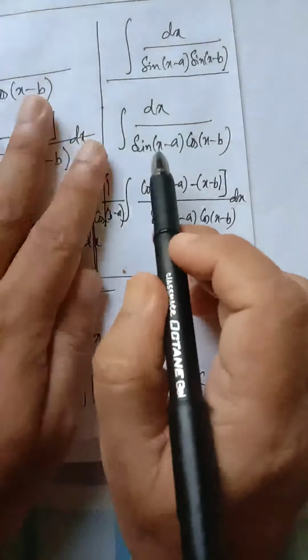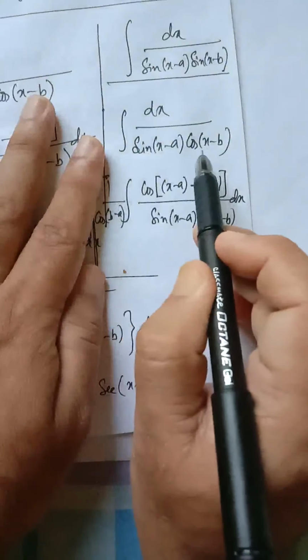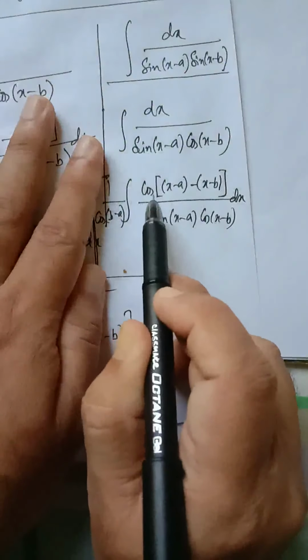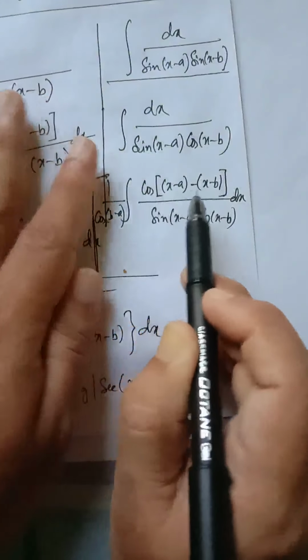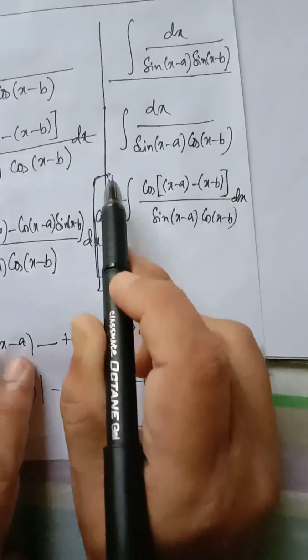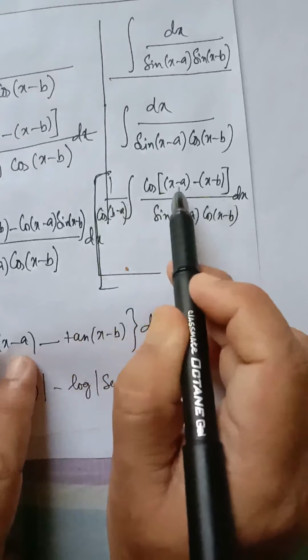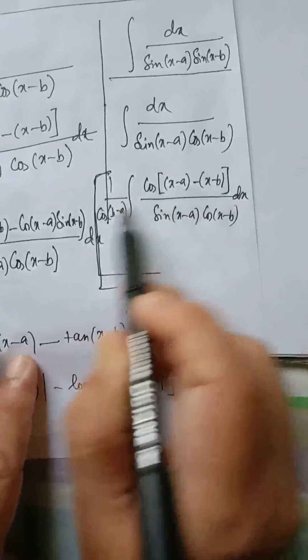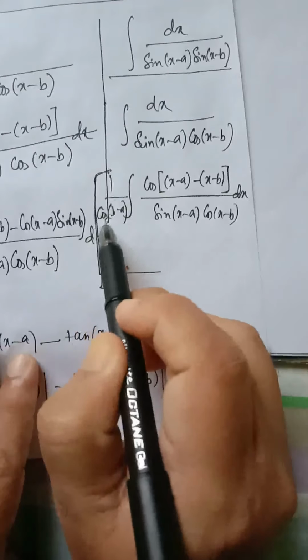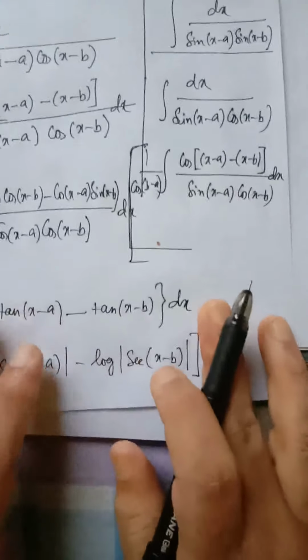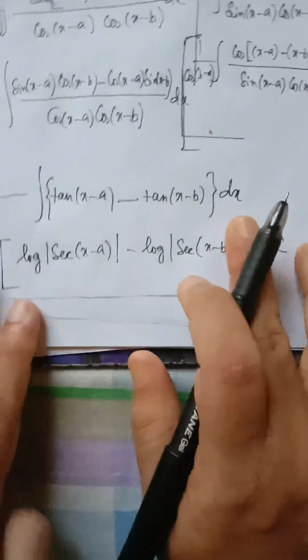But if one term is sine and one is cos in the denominator, we will express the numerator in terms of cos of (x minus a) minus (x minus b). This will become b minus a, cos of b minus a, and to adjust we have to write 1 by cos of b minus a. Okay, so these are the important steps you have to remember.